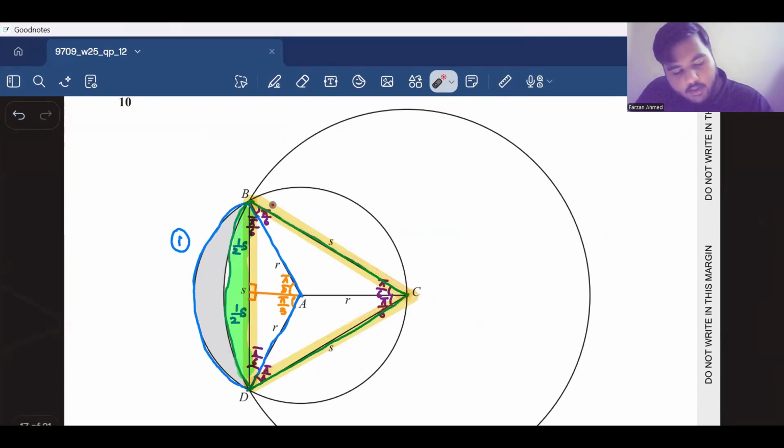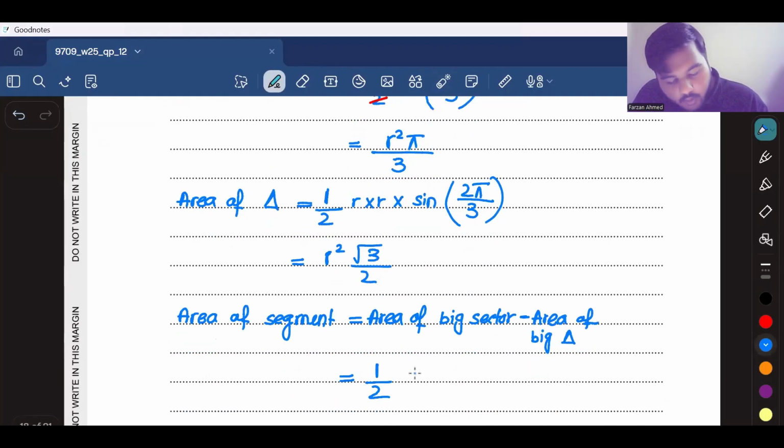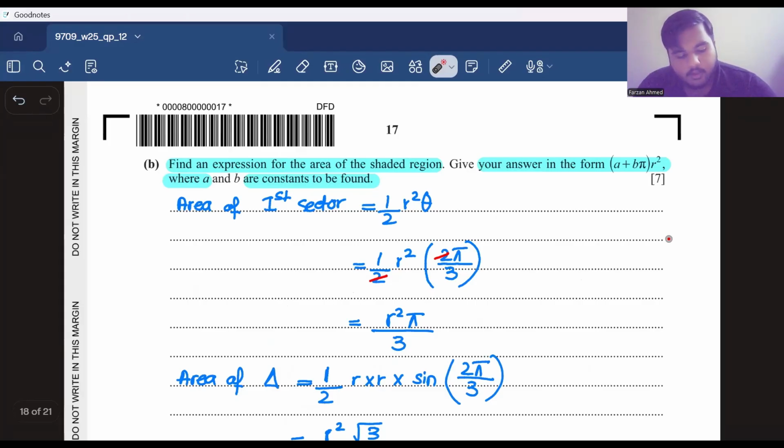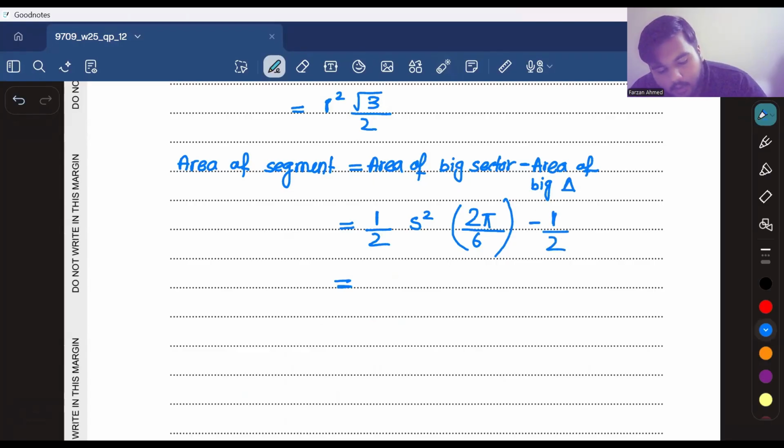So we will write 1 upon 2 s square, and we will take theta as 2 pi upon 6. So this will be minus area of big triangle. So AB into sine C, so A is S into S into sine 2 pi upon 6.